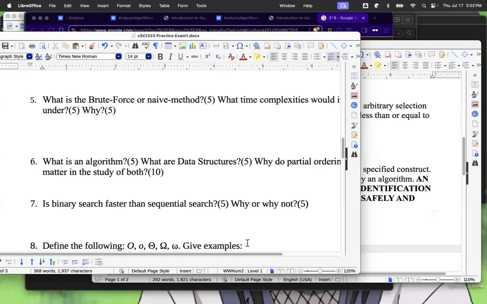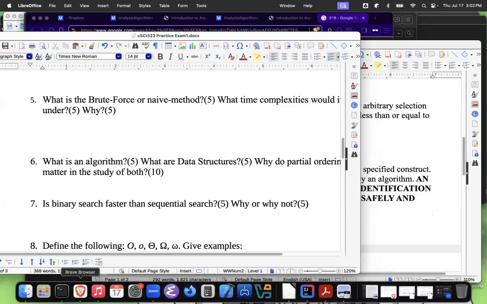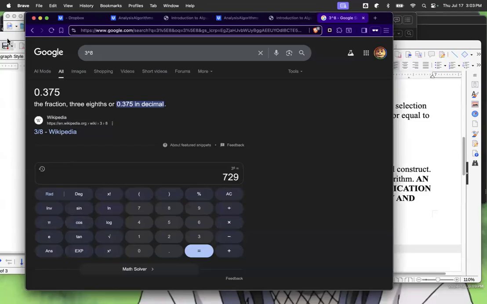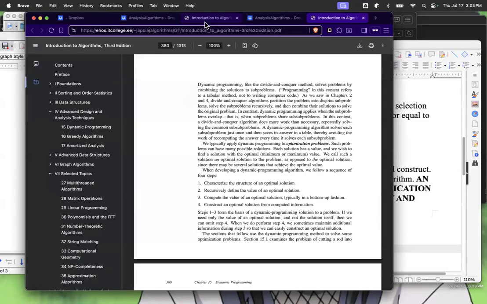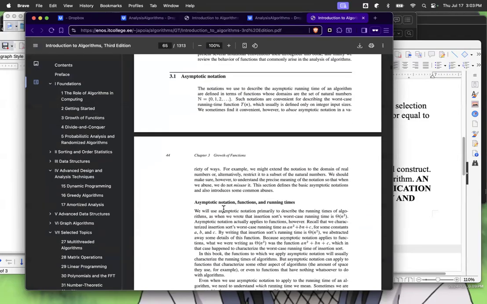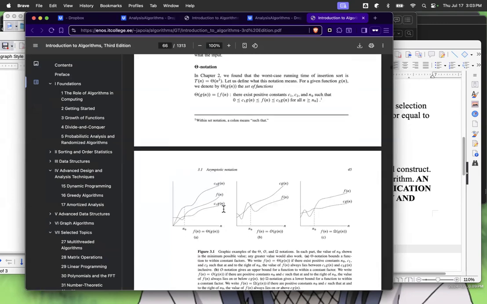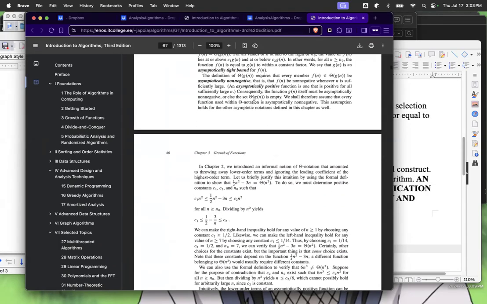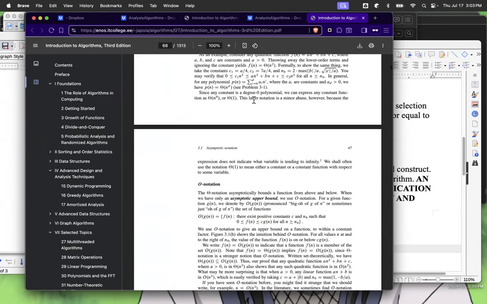Let's take a look at the book. Growth of functions. So this is theta, but I think big O is easier to work with to some degree.